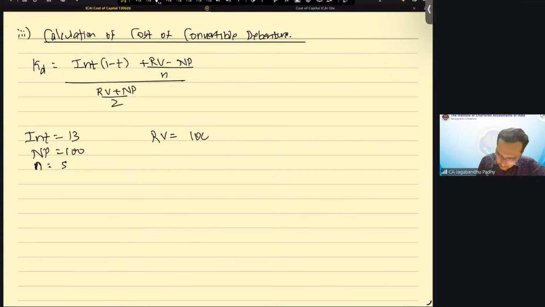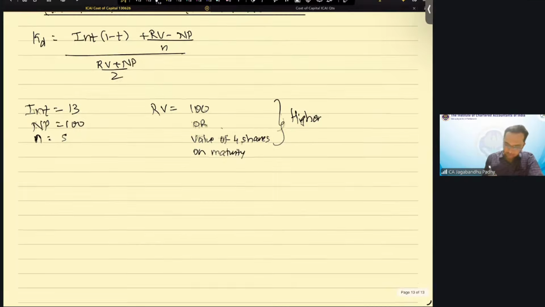Redemption value is simply going to be 100 or value of 4 shares, whichever is higher. So first I need to get the value of 4 shares on maturity. Okay, so let's first try to get that.